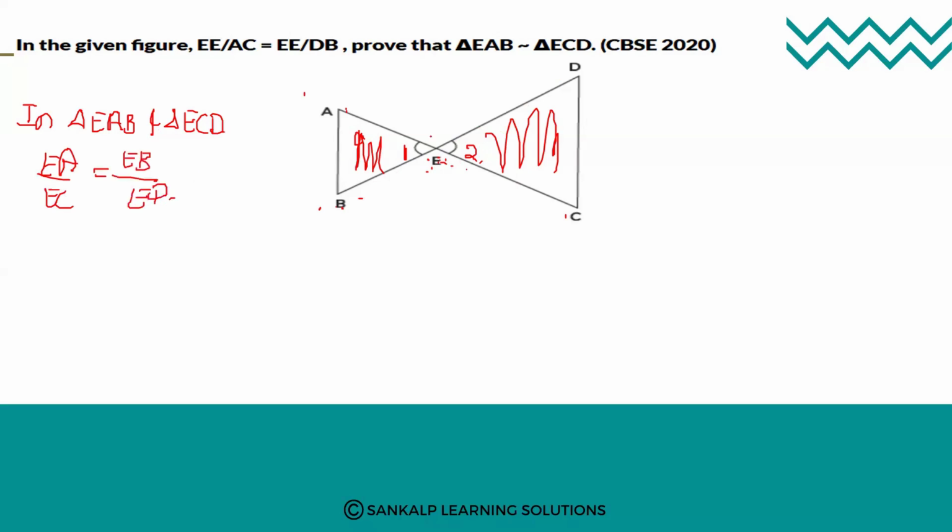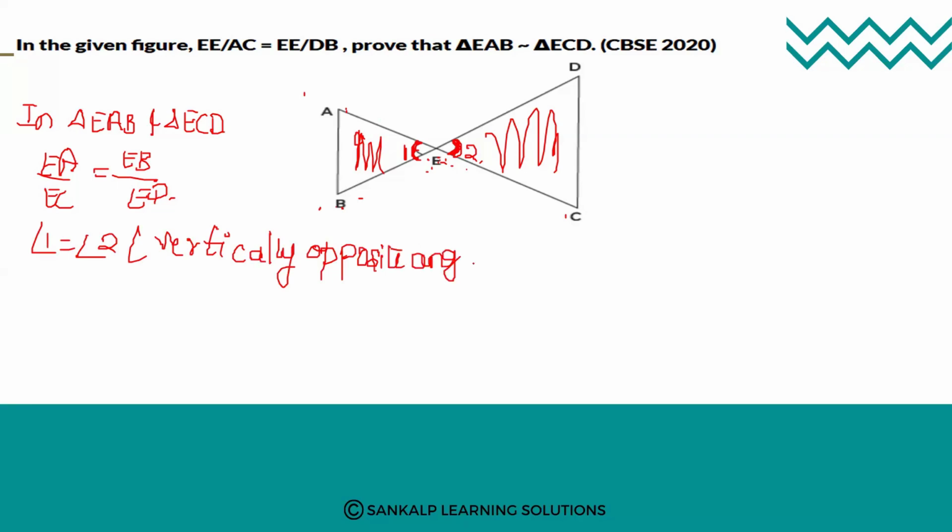ED. Now, angles 1 and 2, these two are vertically opposite angles. So these two are vertically opposite angles. Angle 1 is equal to angle 2. Why? Because these two are vertically opposite angles. Vertically opposite angles are equal. Okay.